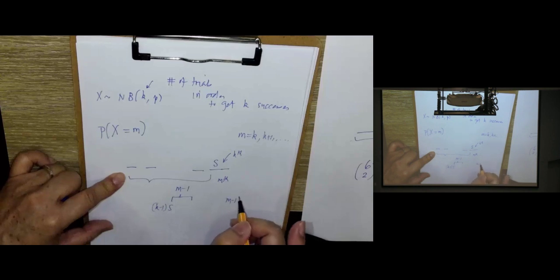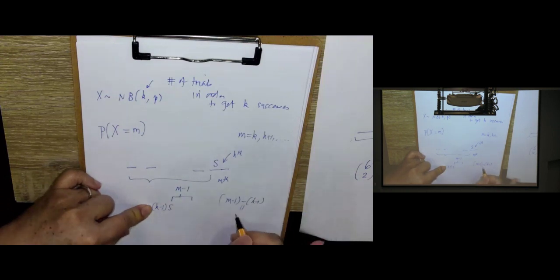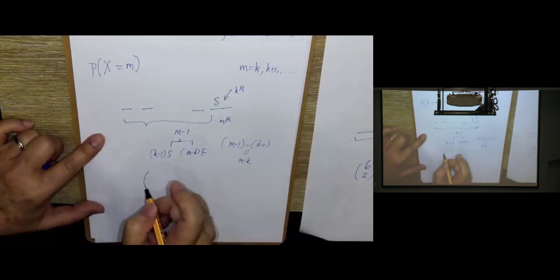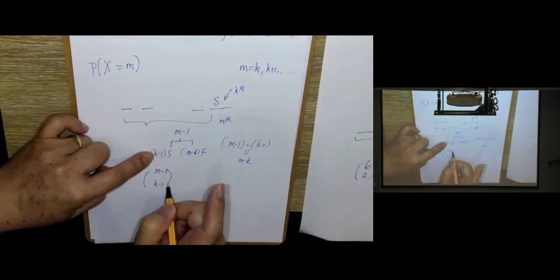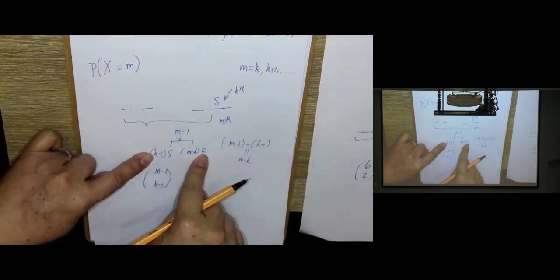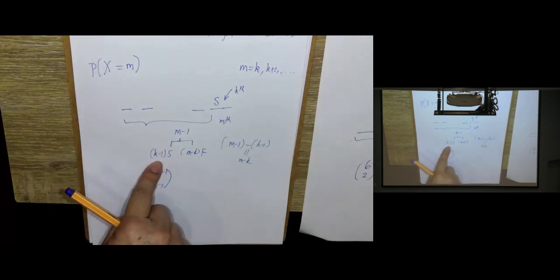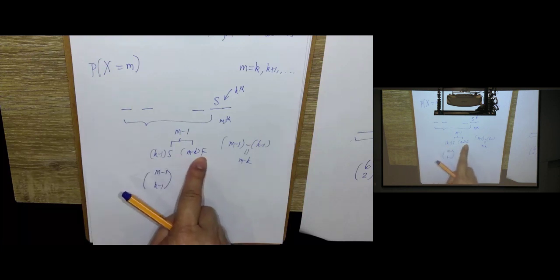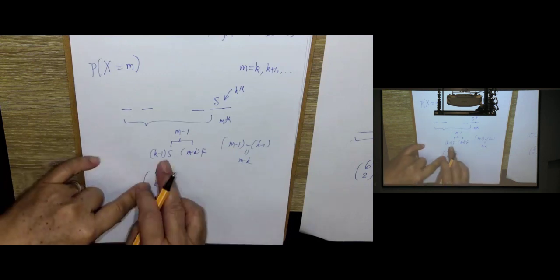You have m minus 1 slots, out of which you put k minus 1 S's, so you have m minus k failures. So this would be m minus 1 choose k minus 1 for your successes, or you can choose m minus k, because you either choose the places where to put the S, and what is left vacant will be for F, or the other way around, you choose the places where you put the F, and the vacant spots are for S.